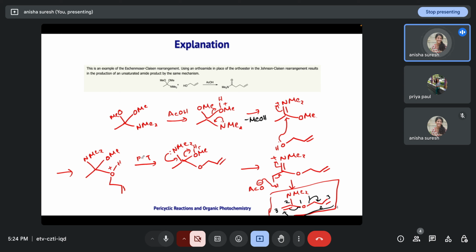Then here a proton transfer will take place and it will result in the formation of this intermediate. So again when the lone pair on nitrogen falls, another molecule of methanol is getting removed, leading to formation of the second iminium ion species. Here a deprotonation step will be taking place, resulting in the formation of this key intermediate which is undergoing a 3,3 sigmatropic rearrangement.